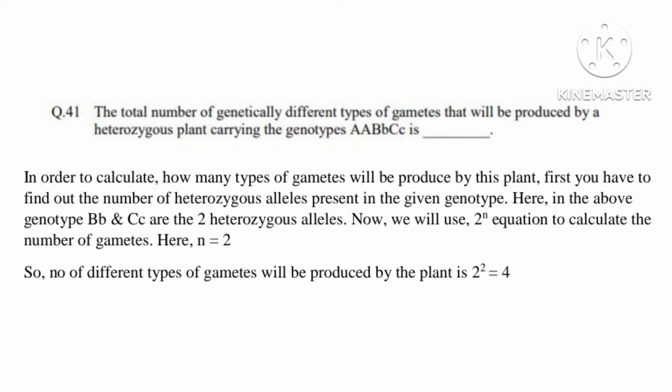Here in the above genotype, capital B and small b, and capital C and small c are the two heterozygous alleles. Capital A and capital A is a homozygous allele. Now we will use the 2 to the power n equation to calculate the number of gametes. And here n is equal to 2. So the number of different types of gametes produced by this plant is 2 to the power 2, or 4.